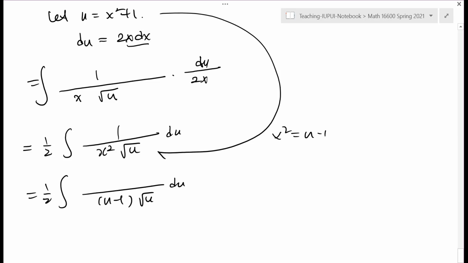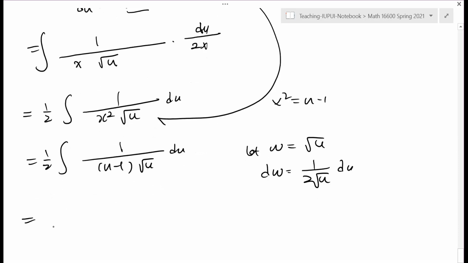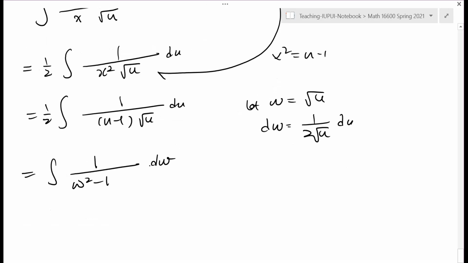So I try another substitution, let w be the square root of u. Why? Because I'm going to get this, not too bad, right? So u is w squared minus 1, and this just becomes w. Wow, that's great. This is a very familiar integral.